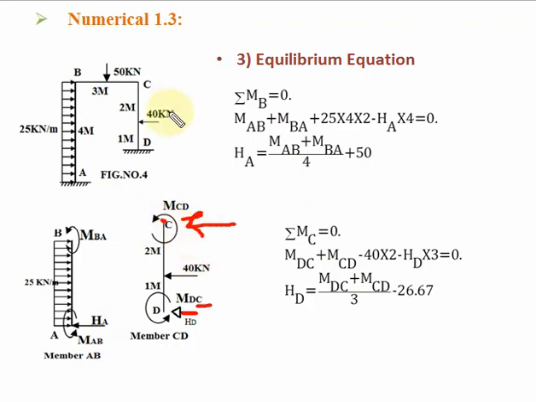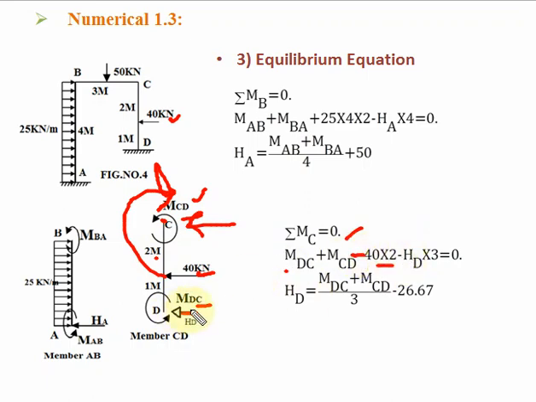So now there is also a vertical point load of 40 kN. So that is there. Now take moment about C. So moment about C is equal to 0. So MDC anticlockwise positive plus MCD anticlockwise positive. Now this point load rotates about C in a clockwise direction. So 40 into 2, so minus sign, clockwise, 40 into 2.